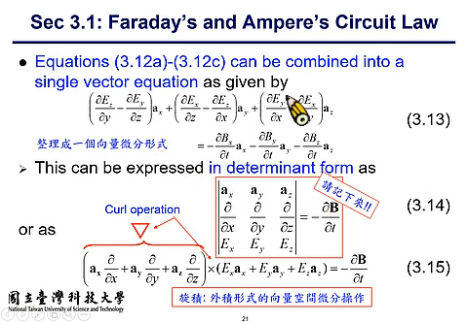So equation 3.13 can be memorized more easily as equation 3.14. I would say this is not an official format for equation 3.13, but it makes it easier to remember and easier to operate. This is referred to as the determinant form.